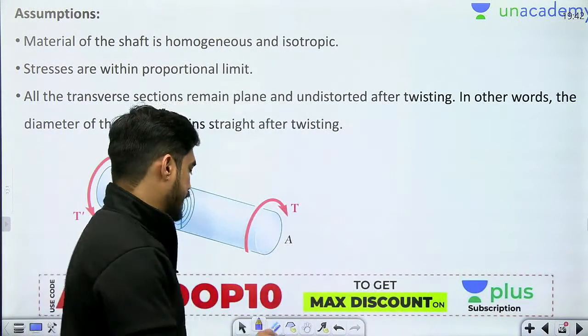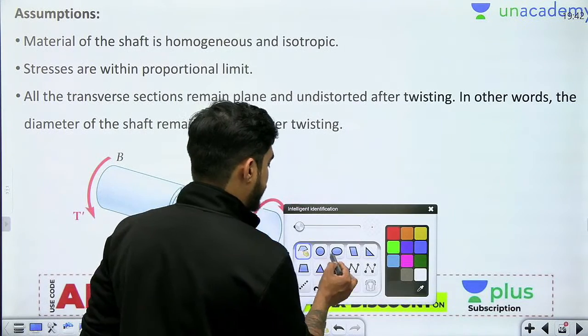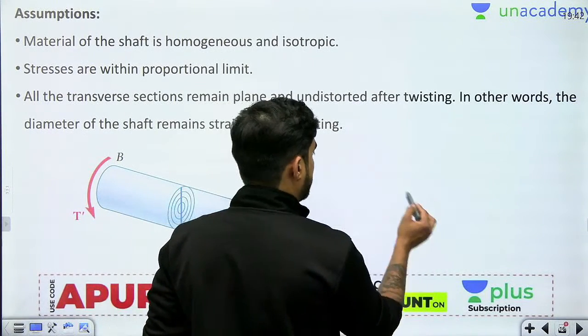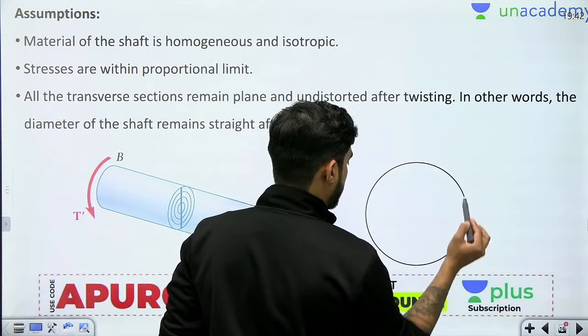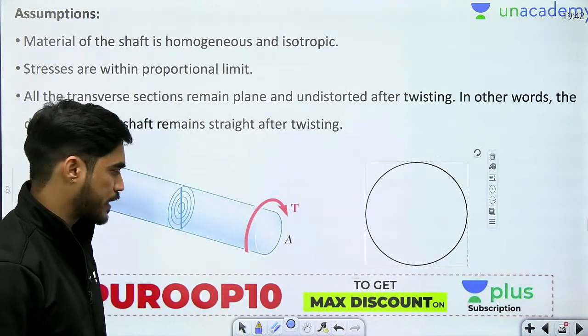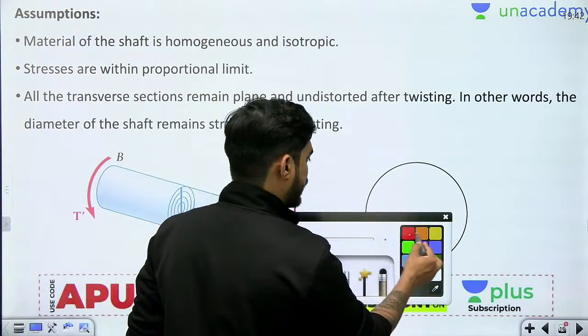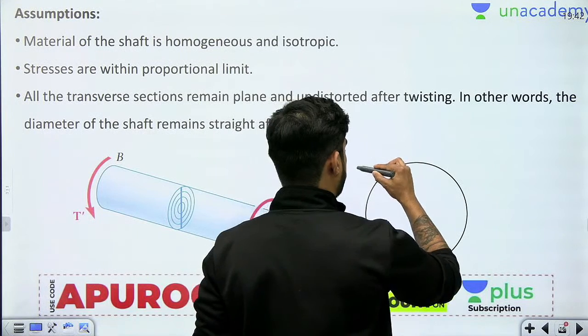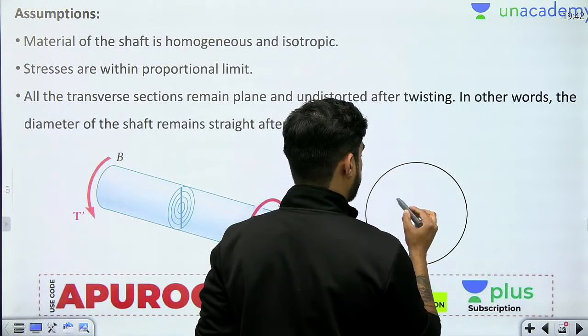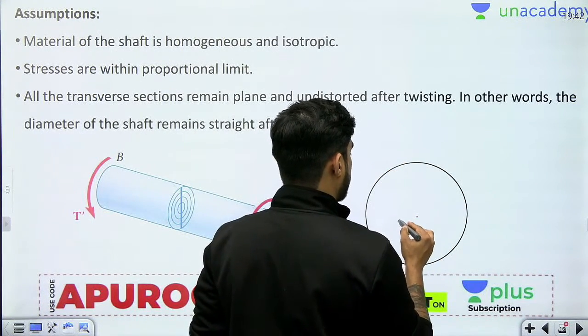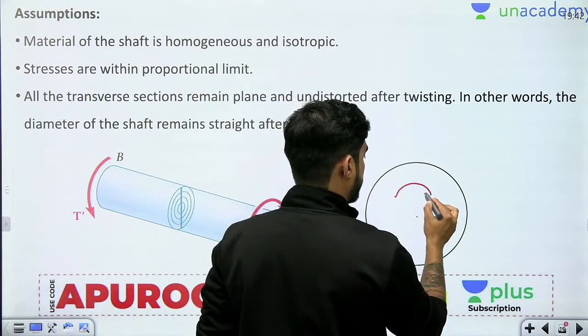What do we mean by this? If you look at the cross section of the shaft, and this cross section is subjected to a twisting moment. ये क्रॉस सेक्शन जो है इसके ऊपर लग रहा है एक ट्विस्टिंग मोमेंट.